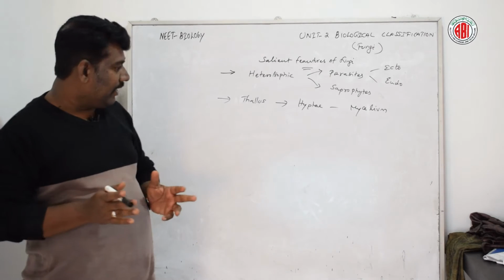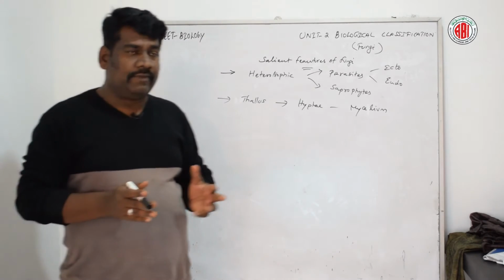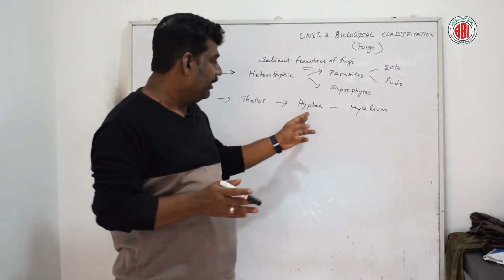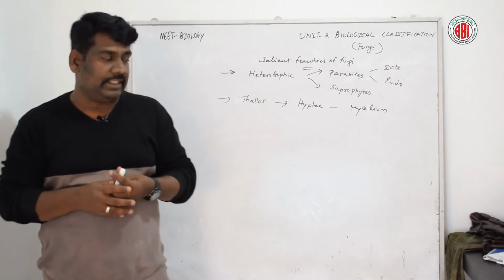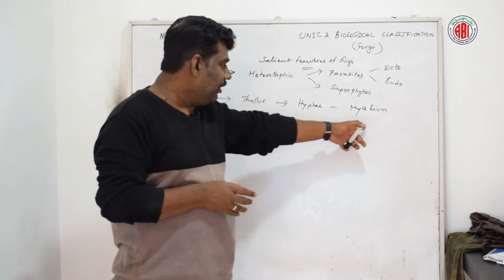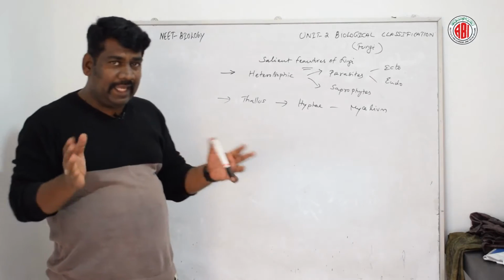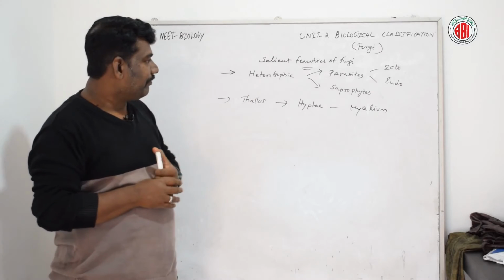The thallus of the fungi shows a filamentous structure called hyphae, and the network of these hyphae is called mycelium. This is one of the major characteristic features of fungi.